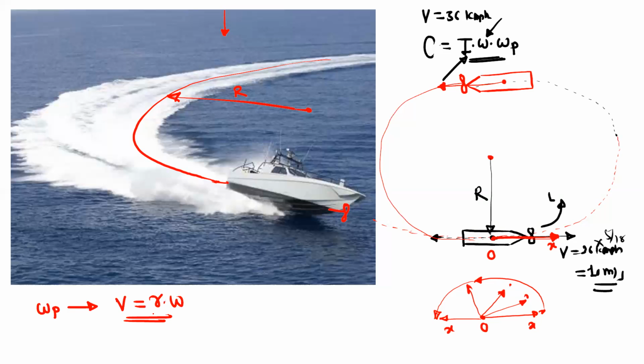This formula gives the relation between linear speed and angular speed. So omega is equal to V upon R.